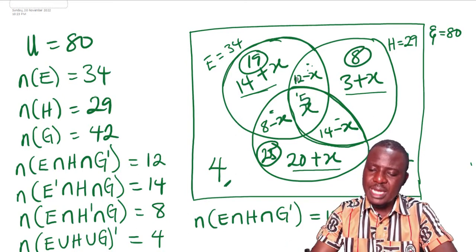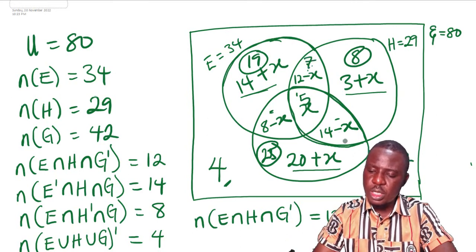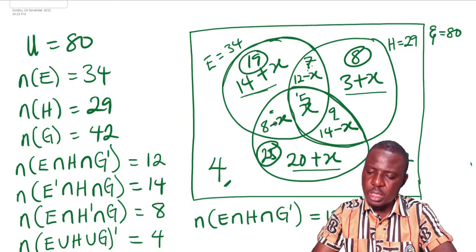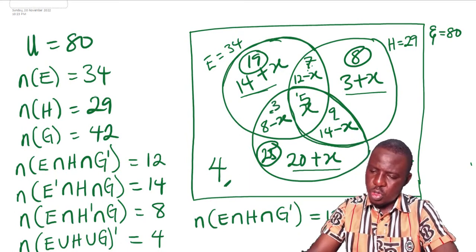Those who study English and history, we have it to be 12 minus 5, that is 7. Those who study English, history, and government will give us 9, while those who study English and government will be said to be 3. So let me draw this.